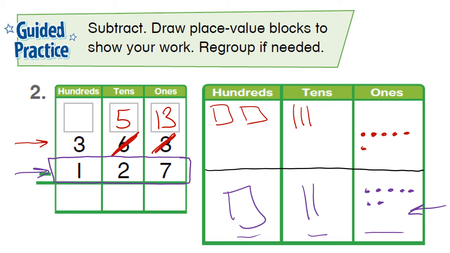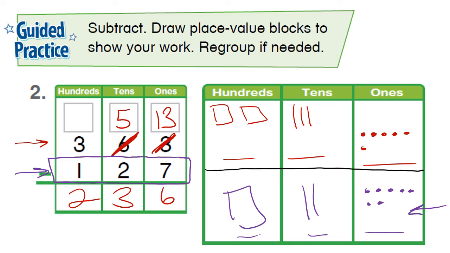The top part of our chart is going to be our difference. We started with 363. We moved 127 down. What is left over? What is the difference? And that's what we have at the top. So we have 2 flats, 3 rods, and 6 units. So 363 minus 127 is equal to 236.